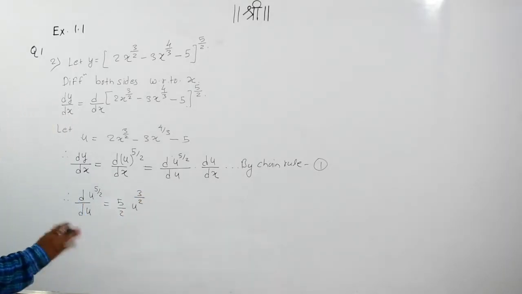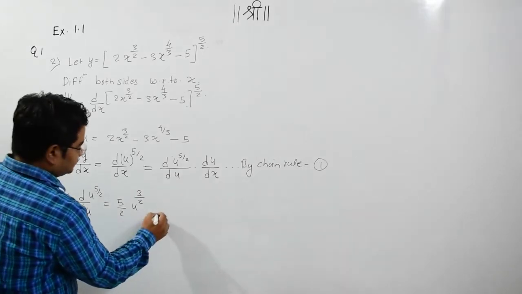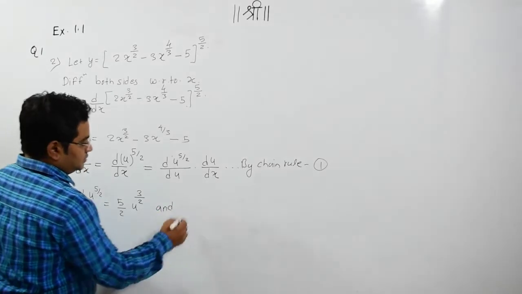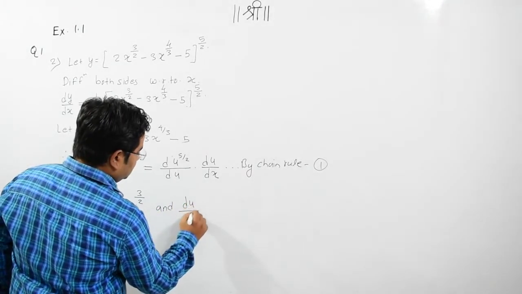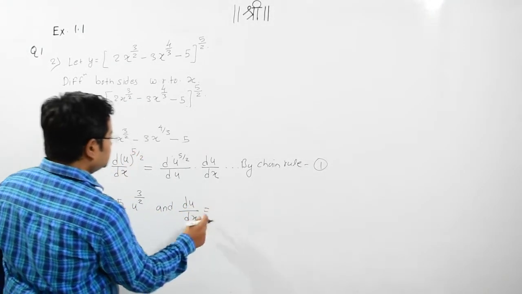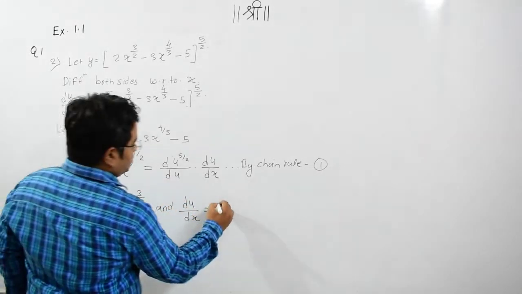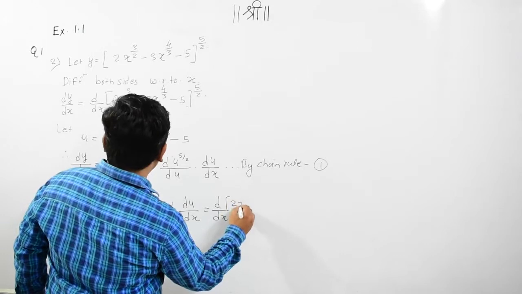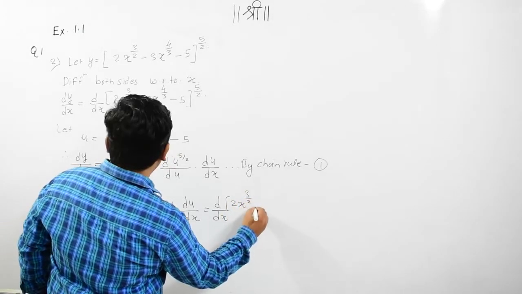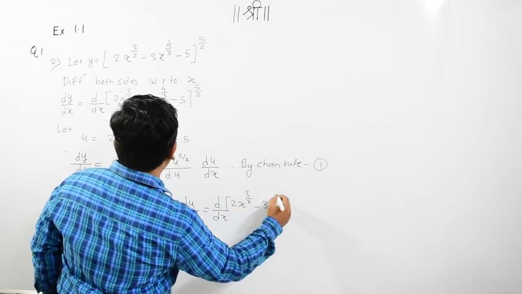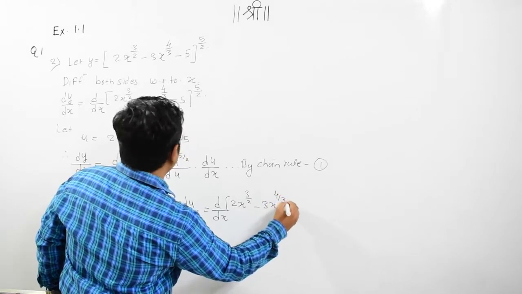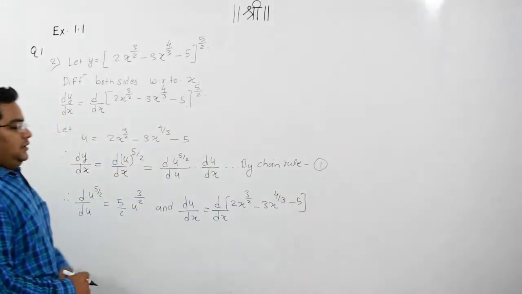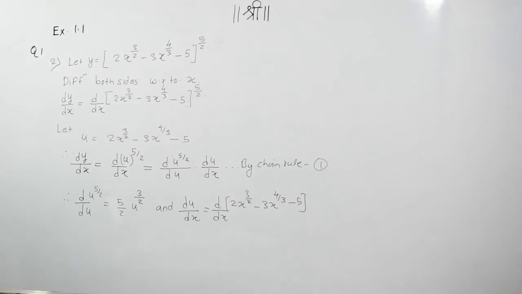Now next step, I would like to write du upon dx, which is equal to d upon dx of 2x raised to 3/2 minus 3x raised to 4/3 minus 5. Okay, everything looks fine.